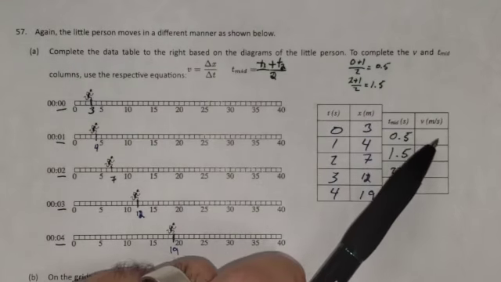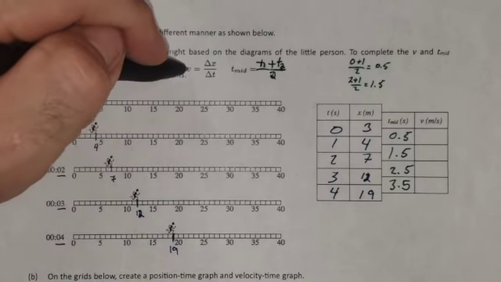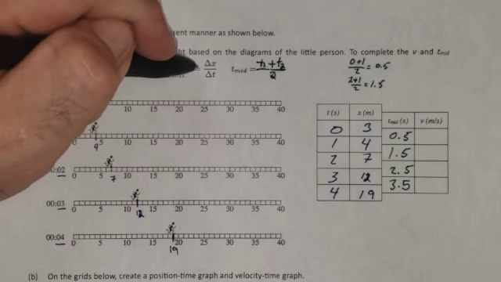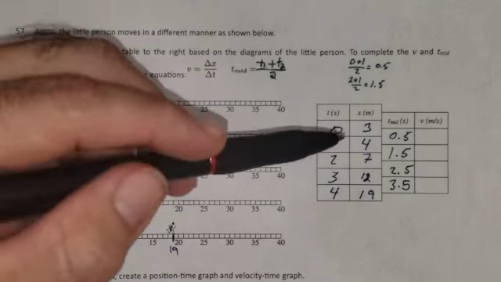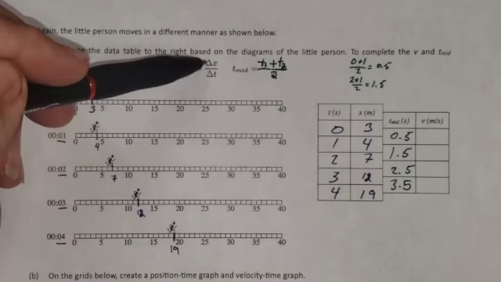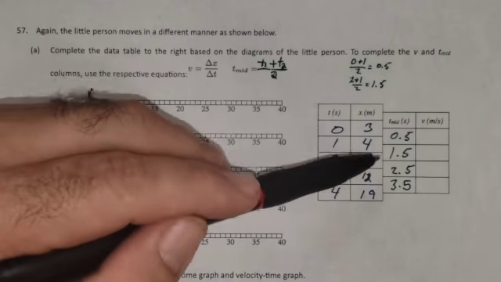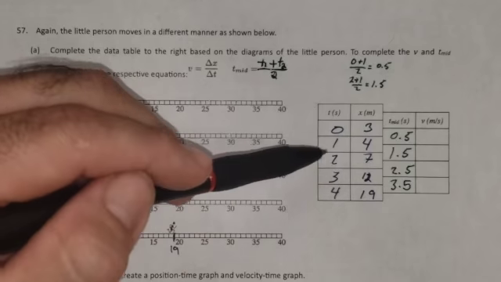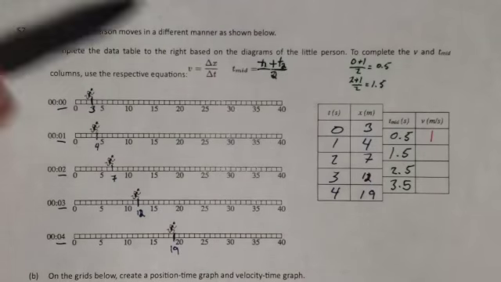Now, for the velocity, we need to do this equation, where velocity is delta x over delta t. Now, it is a fair bit of work, but it's 4 minus 3, that's our change in x, over 1 minus 0, that's our change in t. So we have a 1 here, we have a 1 here, so our velocity is 1.